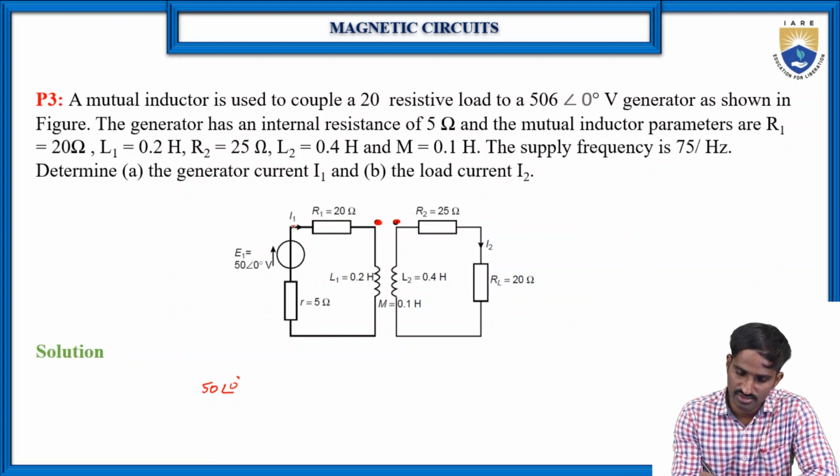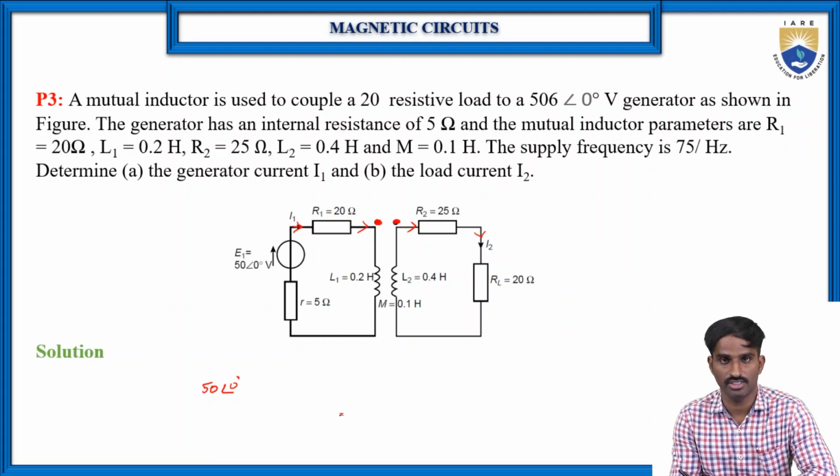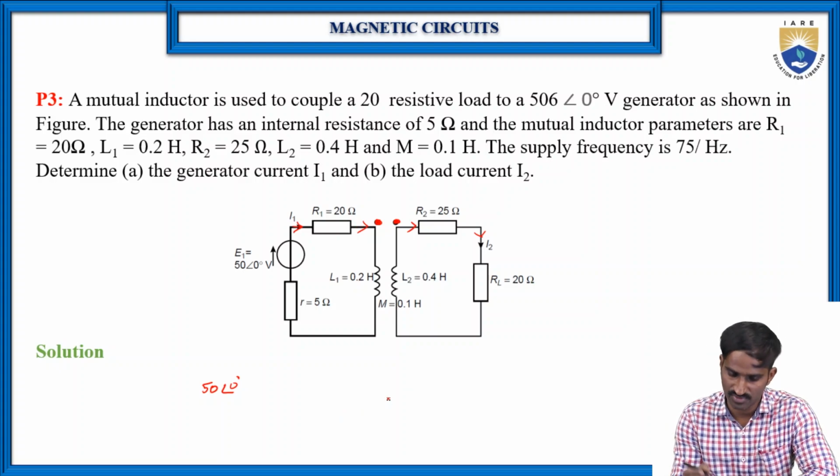With respect to the primary winding, the current is entering through the dotted terminal, and in the secondary the current is leaving through the dotted terminal. So one is entering, another one is leaving, and the mutual inductance will have the negative sign.